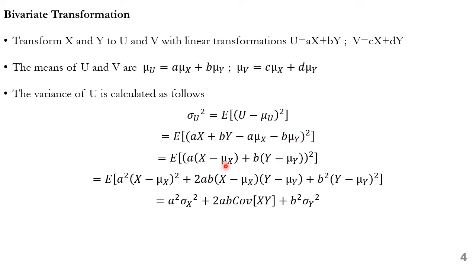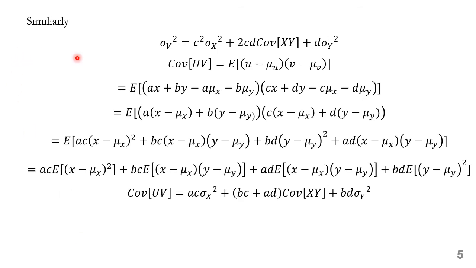This we have solved in the previous slide, so we get a squared sigma x squared plus 2ab covariance of XY plus b squared sigma y squared. Similarly, we can get the variance of V, sigma v squared, equal to c squared sigma x squared plus 2cd covariance of XY plus d squared sigma y squared.